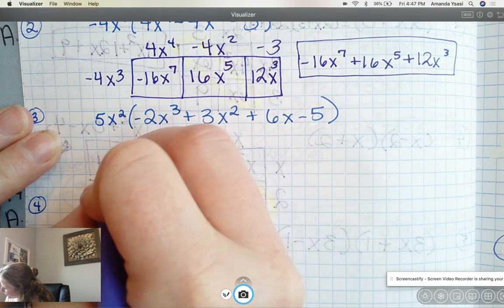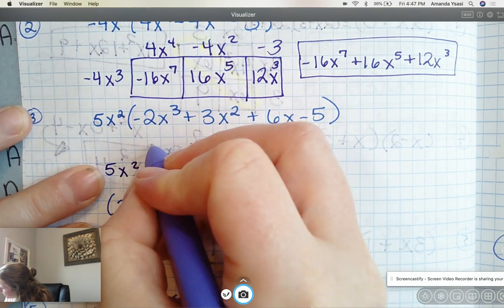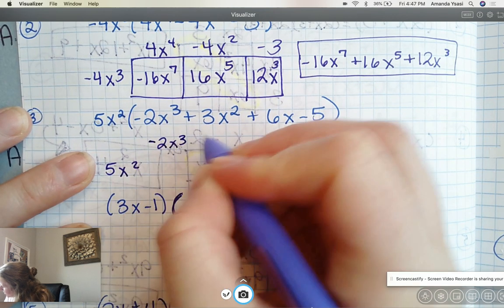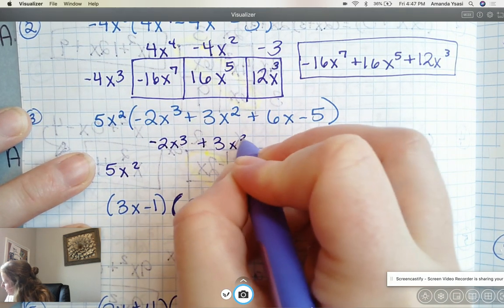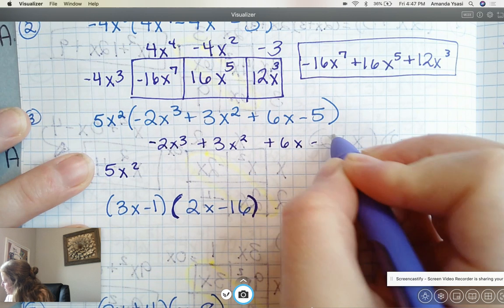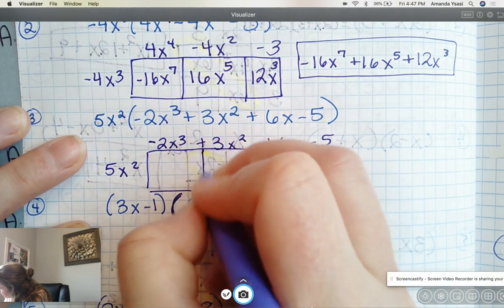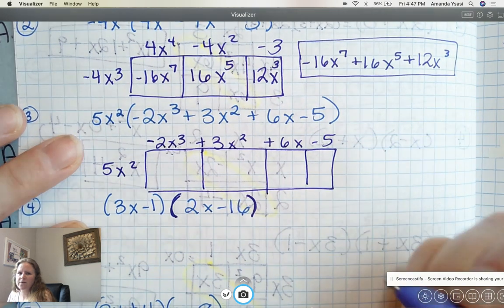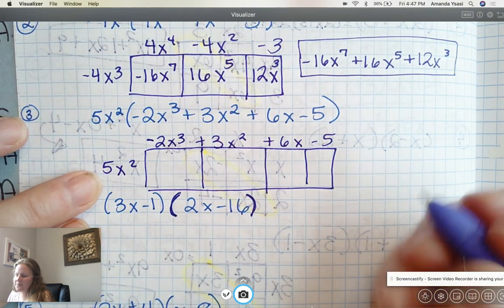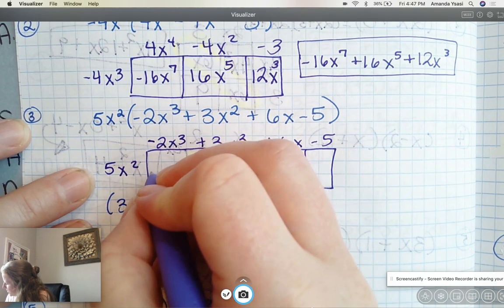So 5x squared times a negative 2x cubed plus 3x squared plus 6x minus 5. Okay, so 5 times a negative 2 is a negative 10.